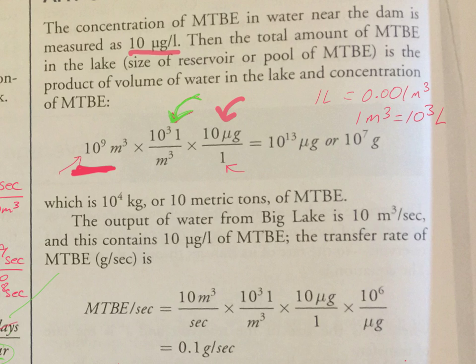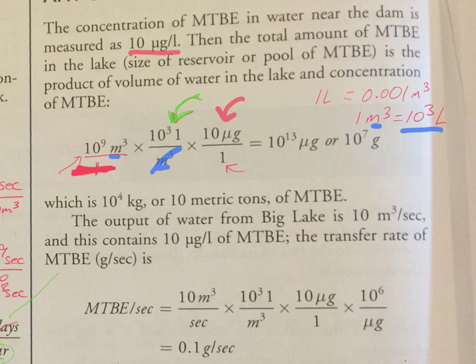Where do we get 10 to the third liters? That's how much a meter cubed is. So we're changing a meter cubed into liters, right? We're going to get rid of meter cubed, and we're going to cancel them. So you'll see that meters cubed cancels here, right? Because remember, this is all over the number 1.